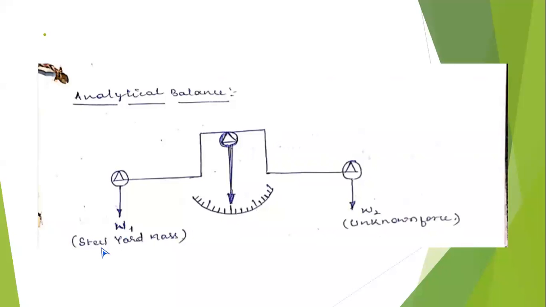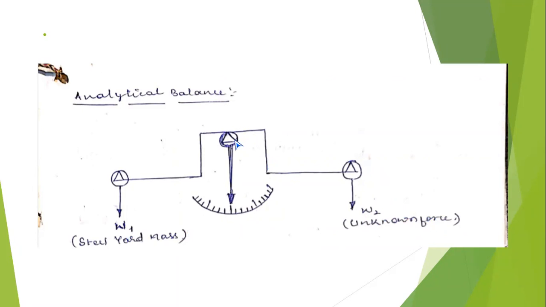Here I have written steel yard mass. Instead of writing steel yard mass, you write metric dead weight, W1. On the right side, that is the unknown force, any material or any item which is placed on the pan provided in the analytical balance.